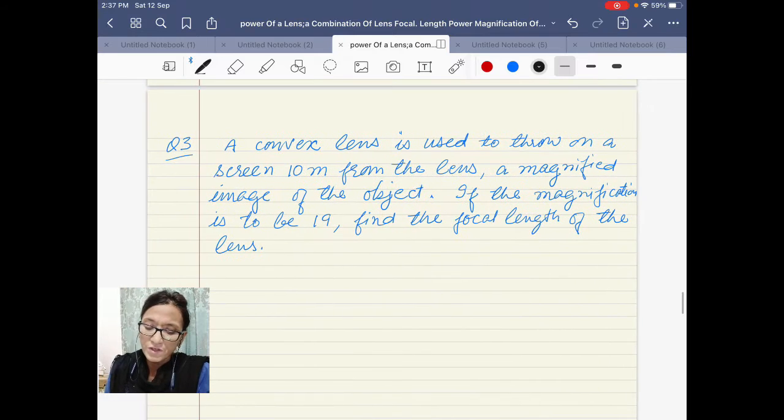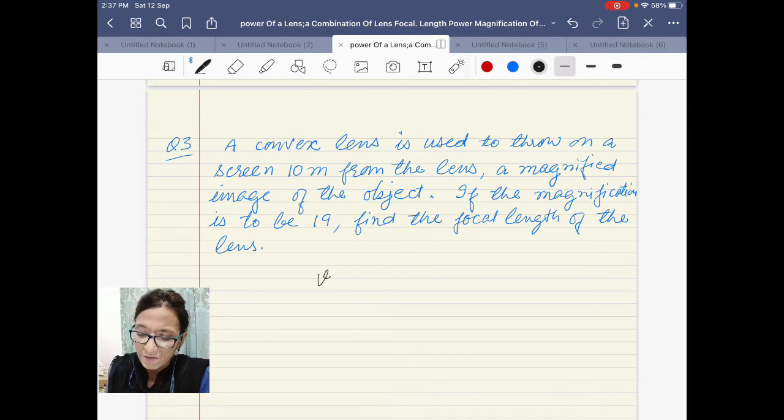Now a third question. A convex lens is used to throw on a screen 10 meter from the lens a magnified image of the object. So the screen distance is given from the lens, and this should be the image distance.